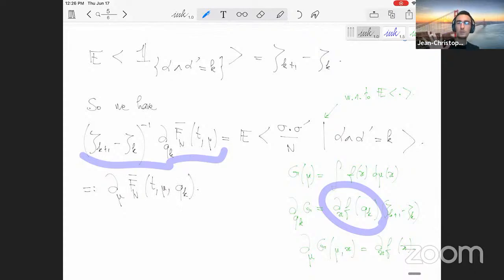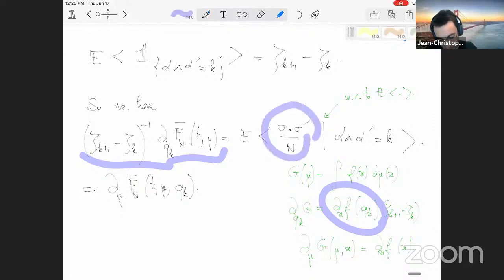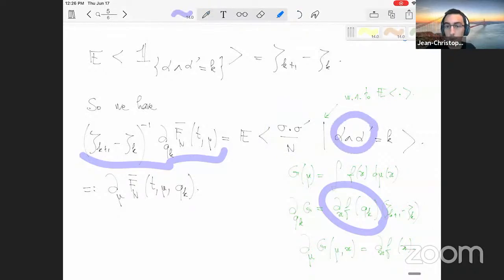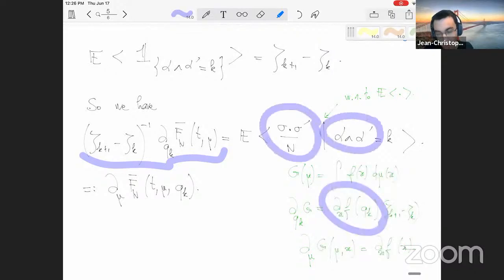But what did we gain really? This is really the question. We gained that now we can access the conditional expectation of the sigma overlap. Let me call this the sigma overlap, and let me call this alpha y alpha prime the alpha overlap. So what we see here is that with these derivatives we can access the expectation of the sigma overlap conditionally on the alpha overlap.